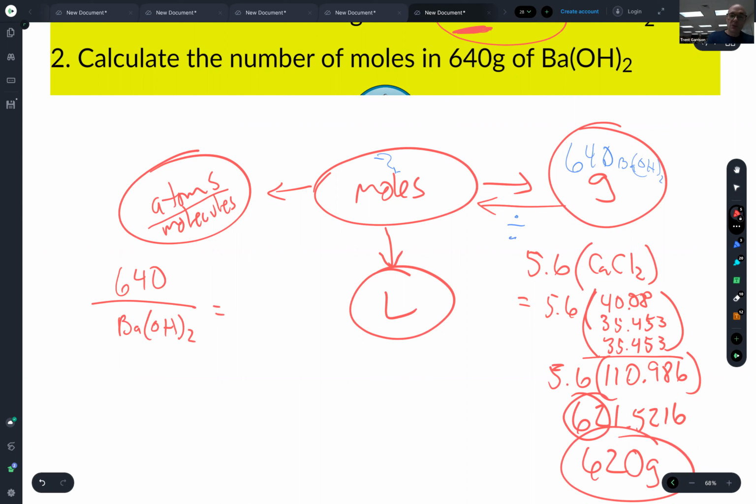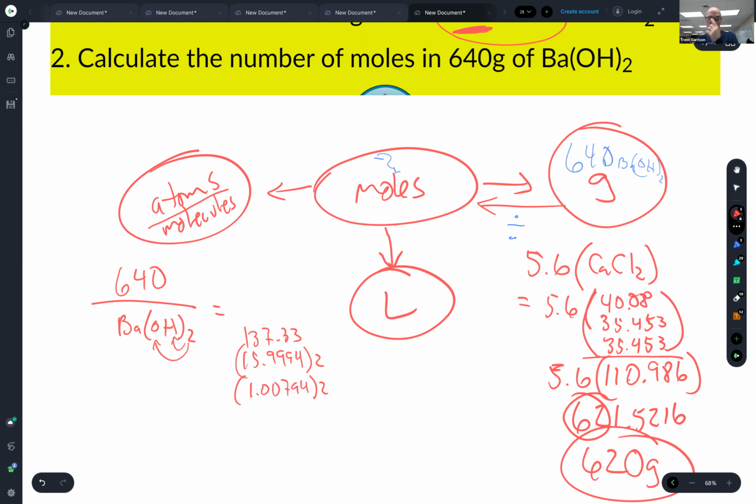So we got to go and get the weight of Ba(OH)2. Ba weighs 137.33. The two oxygens, that 2 is distributed to both oxygens, 15.9994, and multiply that by 2, and then 1.00794 multiplied by 2.